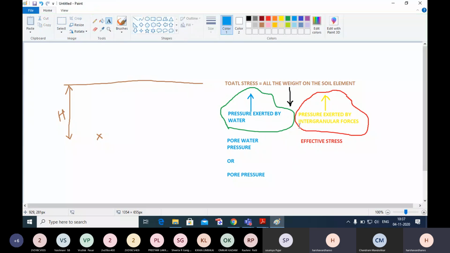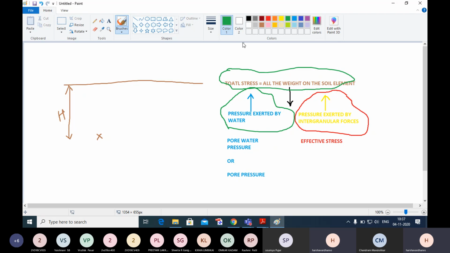Please remember, you can also calculate the total stress. Total stress is nothing but the total weight coming on the soil element. So there are three components. You can measure total stress, you can measure pore pressure, but you cannot measure effective stress.